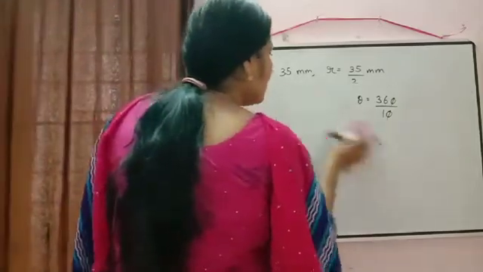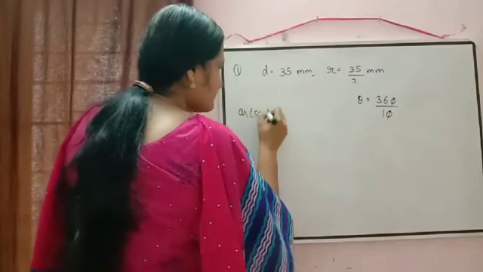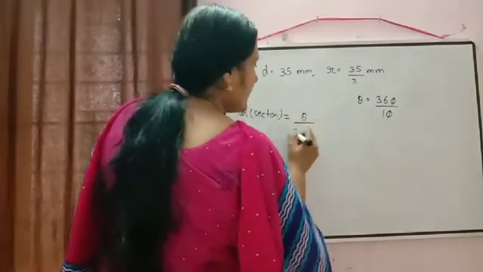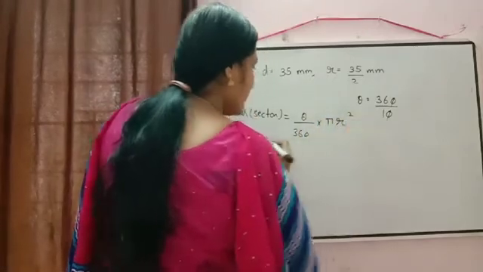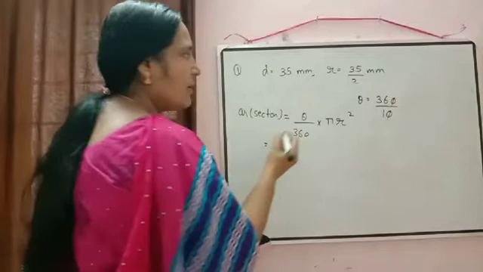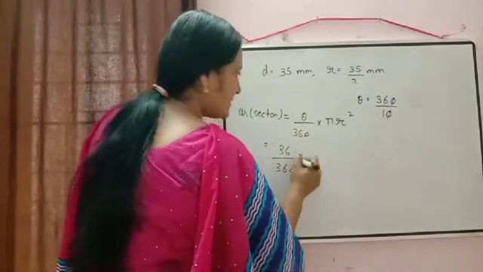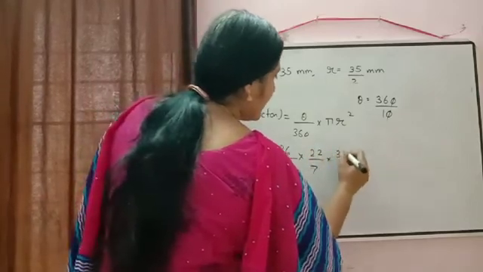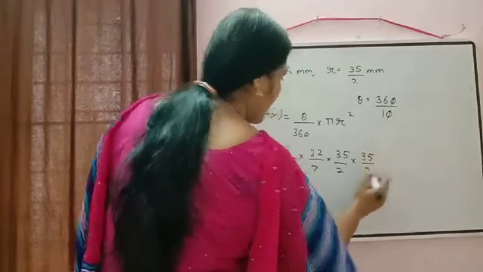Now we can calculate the area of sector. So just write down the formula. Area of sector is equal to theta by 360 into pi r square. Just substitute the value. Our theta is 36. So 36 by 360 into 22 by 7 into radius, that is 35 by 2 into 35 by 2.